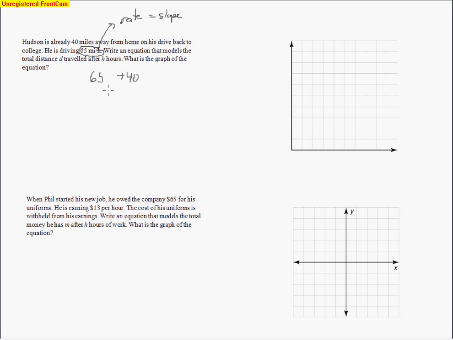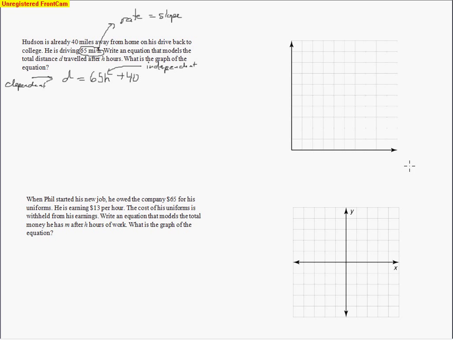So we're going to write this as 65h. h represents the number of hours, and d represents the distance. So this is our dependent variable. The distance depends on the number of hours. So this is our independent variable. Independent. And from there, we can go ahead and graph it.